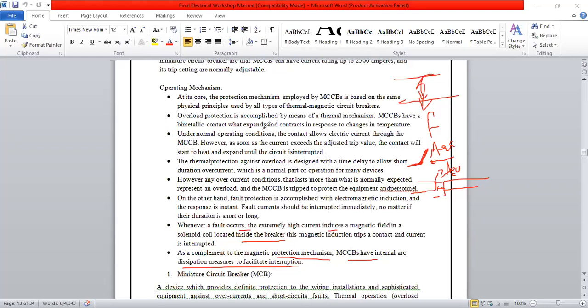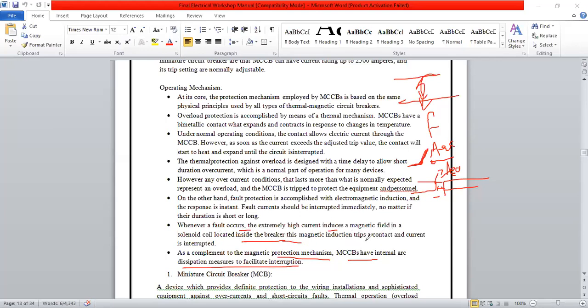Okay, now the next one: as a complement, whenever a fault occurs, the extremely high current induces a magnetic field in a solenoid coil located inside the breaker.